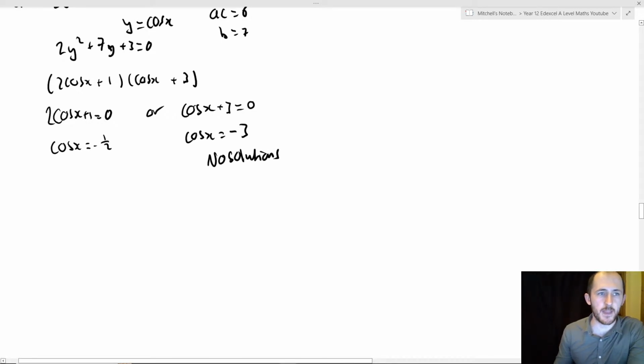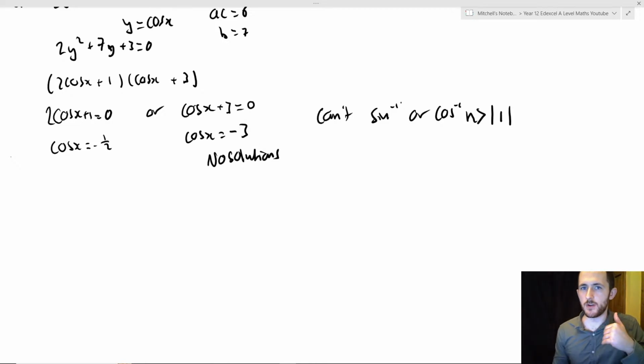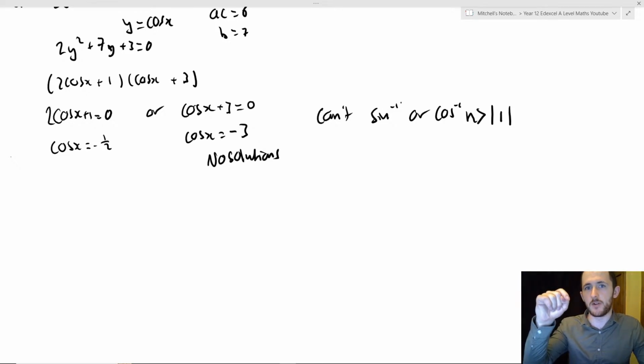For those of you that didn't spot that, the reason is you can't inverse sine or inverse cos numbers that are bigger than the modulus of 1. What I mean by that is if it's bigger than minus 1 or plus 1, you can't actually inverse cos it, because they're a ratio of the opposite and hypotenuse.